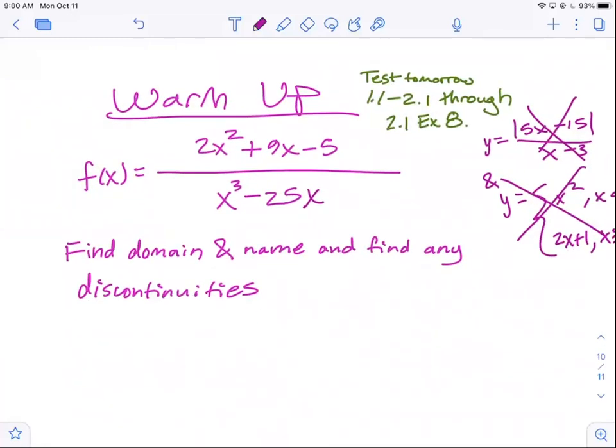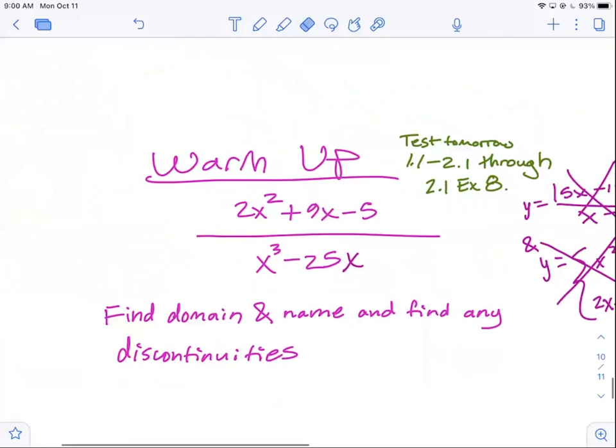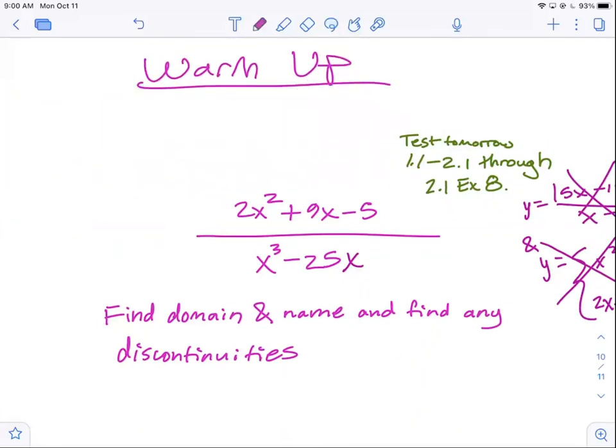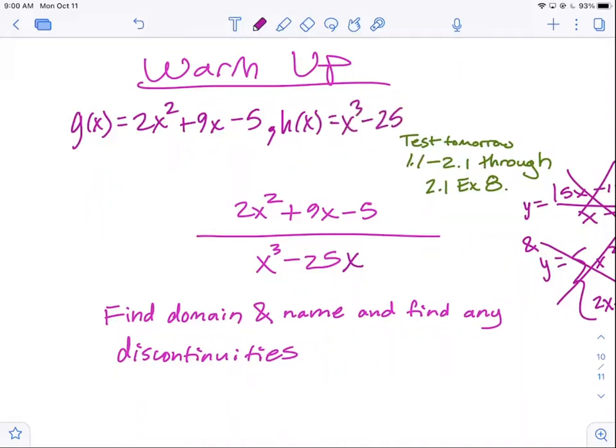So your warm up here, you got a polynomial over polynomial on your free response again. It may look something like this. Let's say that I have g of x is equal to 2x squared plus 9x minus 5, and h of x is x cubed minus 25x.